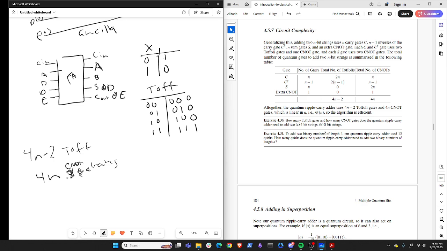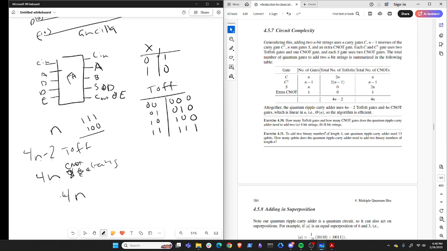So we have n pairs of numbers in the addition, right? For that n, we needed 4n minus 2 Toffolis and 4n C0 gates. So this is a linear relationship, right?